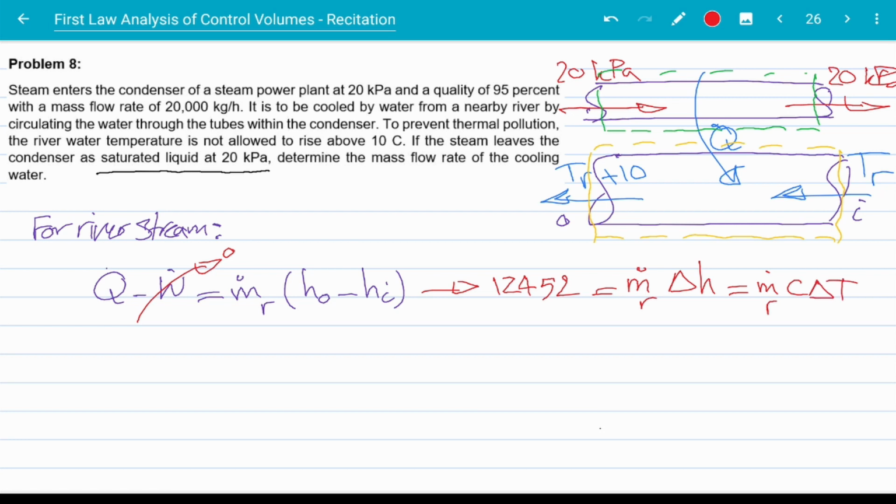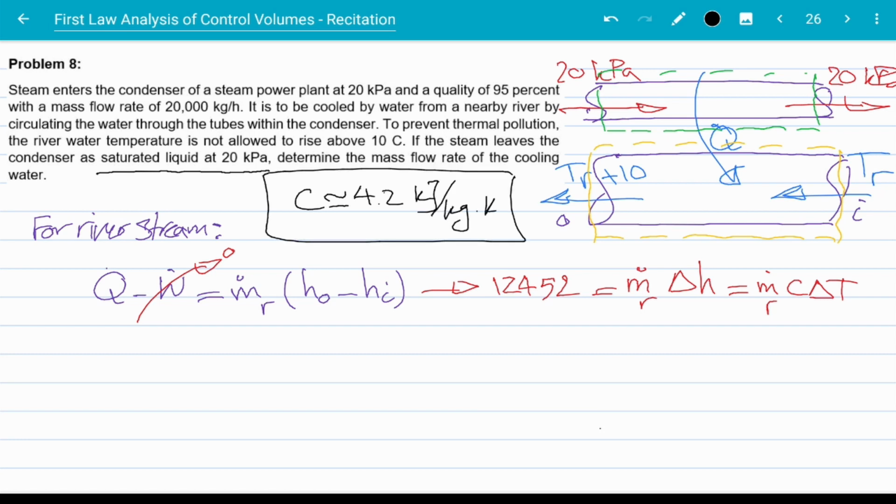So for the water inside the orange control volume, instead of reading from the tables, because I don't have any temperatures to go use the tables, I can just use C delta T. Now C for water at atmospheric pressure and the temperature range that we usually work with is about 4.2 kilojoules per kilogram Kelvin. You can read it from property tables, or you can just memorize it. C of water is 4.2 kilojoules per kilogram Kelvin.